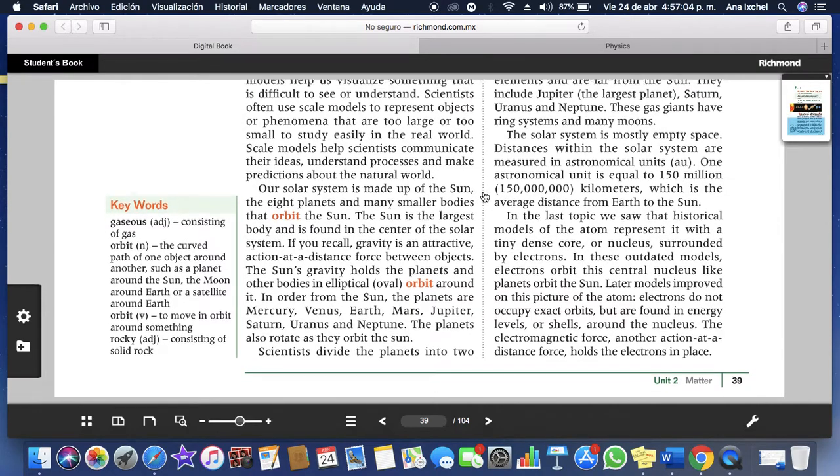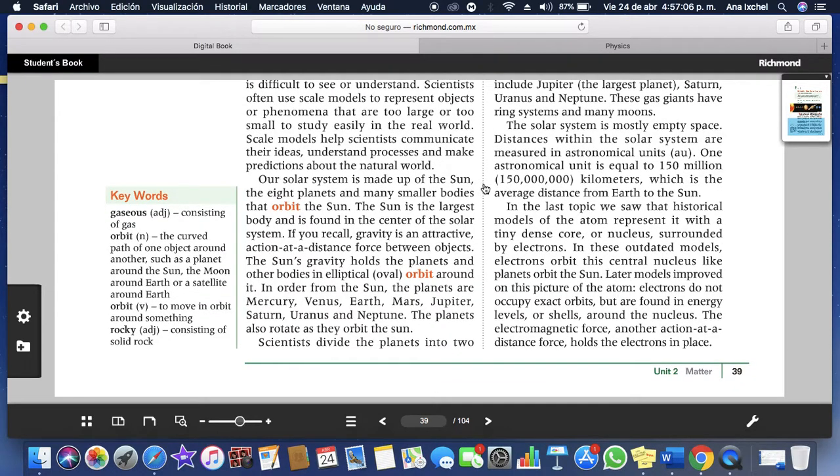Our solar system is made up of the sun, the eight planets, and many smaller bodies that orbit the sun. The sun is the largest body and is found in the center of the solar system.